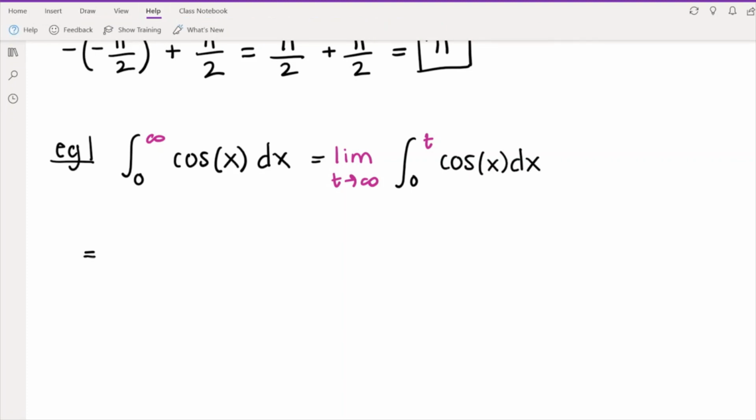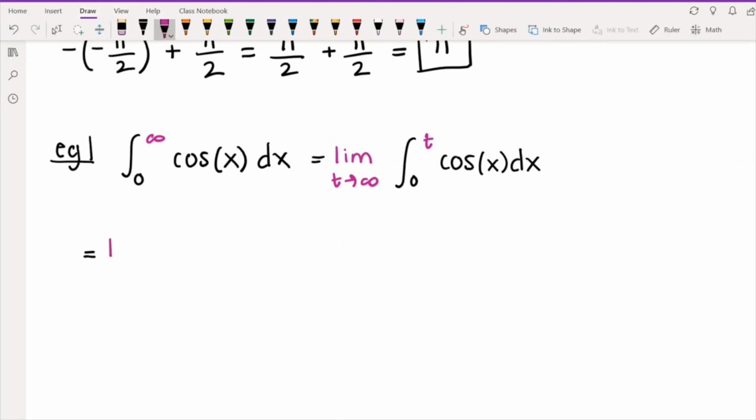So we still have our limit. And then we take our antiderivative. Antiderivative of cosine is sine. So we have sine of x, and we're evaluating that at t and at 0.